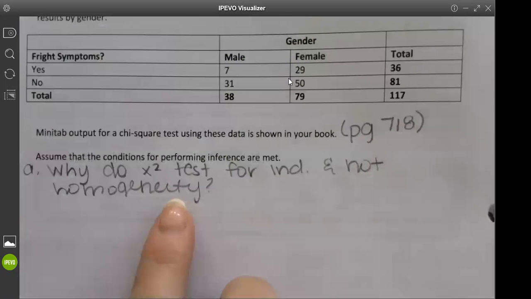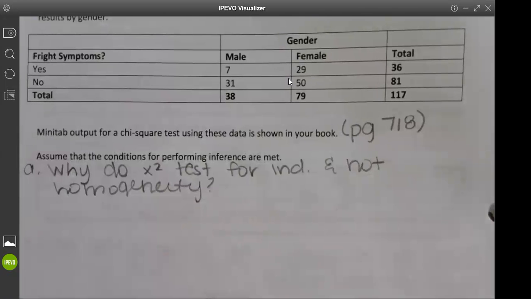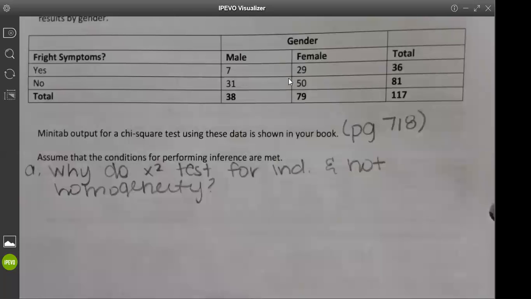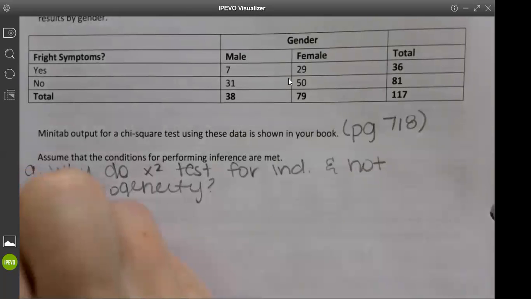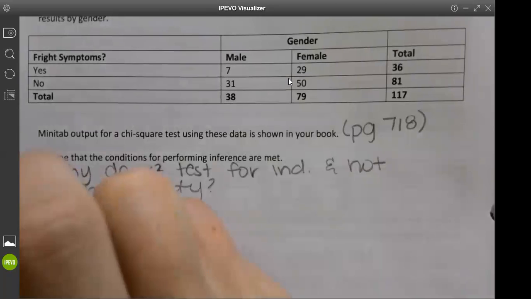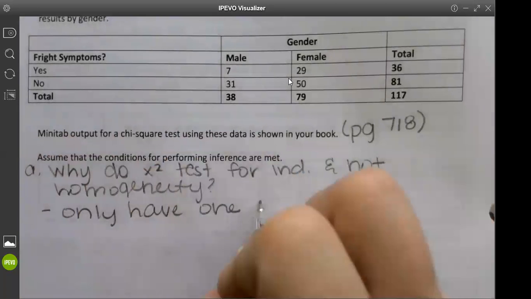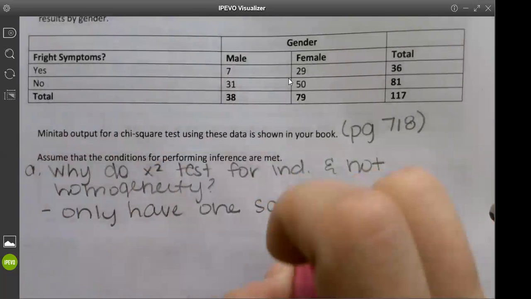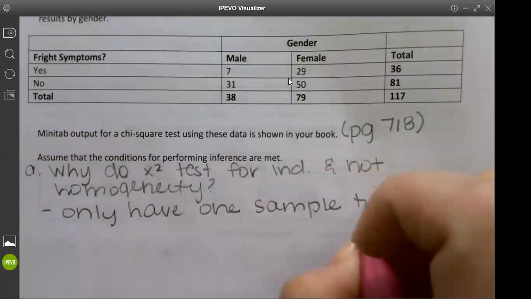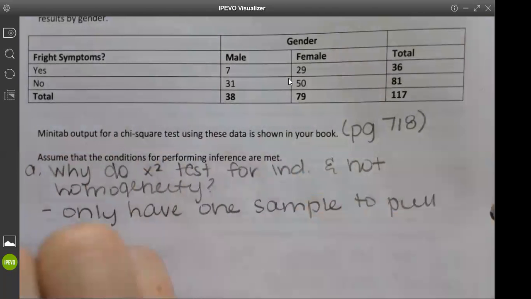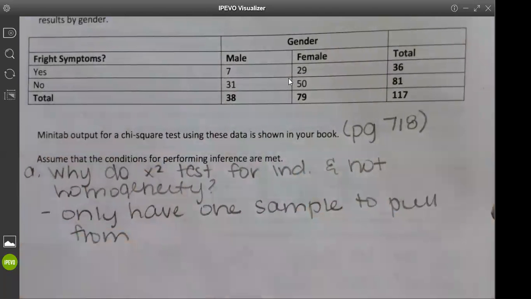On this one, what is it? How many samples are there? Independence is how many samples? One. So on this one, there's only one sample, where homogeneity would be two samples. So for this one, we only have one sample to pull from. Our one sample is the 117 college students.